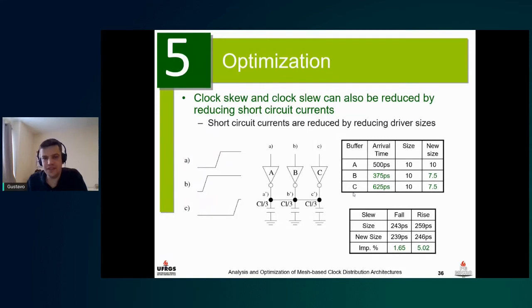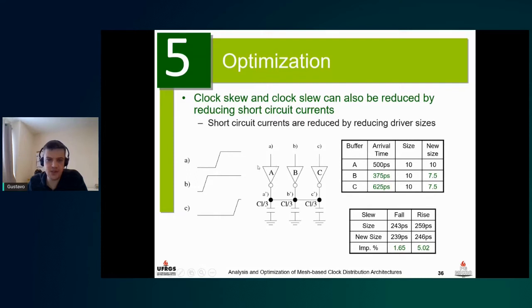The first strategy that I proposed in my thesis was to size the clock buffers according to the nominal skew that they would present. If we have 3 clock buffers, we can compute among them the average arrival time for the clock signal at each one of those clock buffers. Then we take the clock buffers that are arriving either too late or too early.